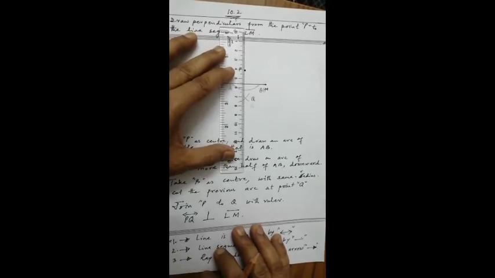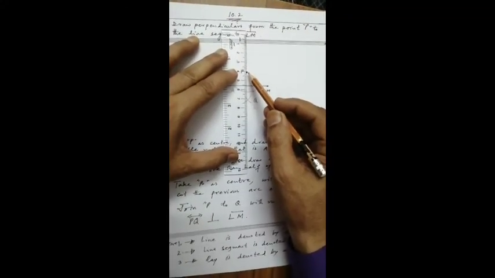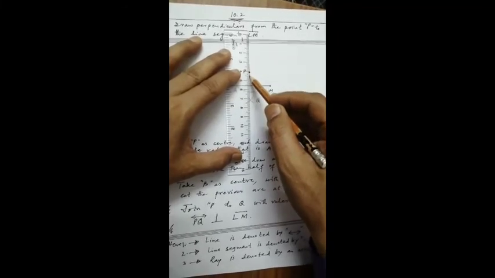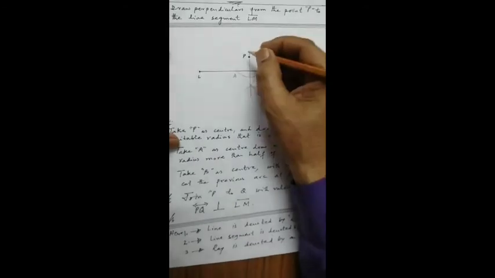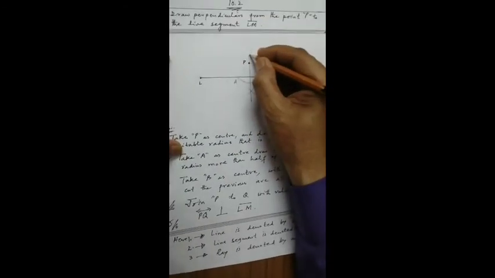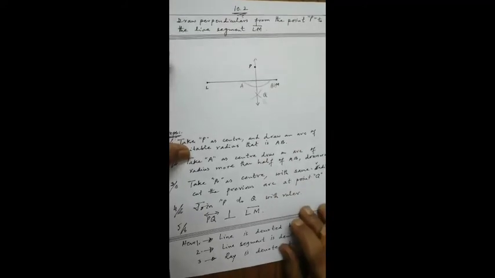Now another step, we will join the center P to the point of intersection of the given arcs, passing from here. They will connect. This is P, this is Q, and that line is considered as the perpendicular.